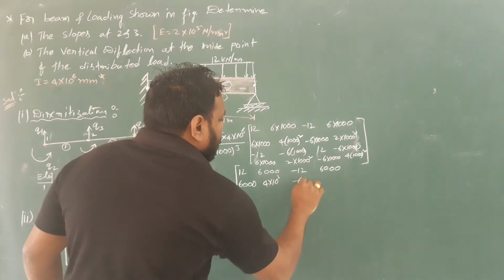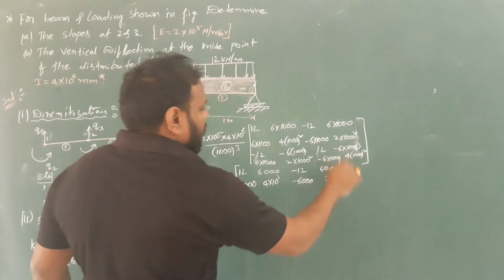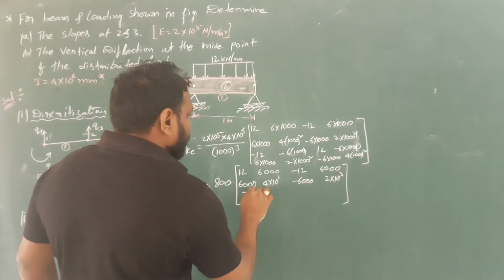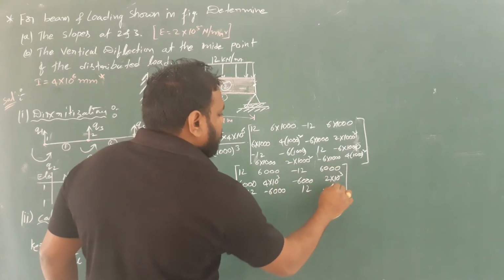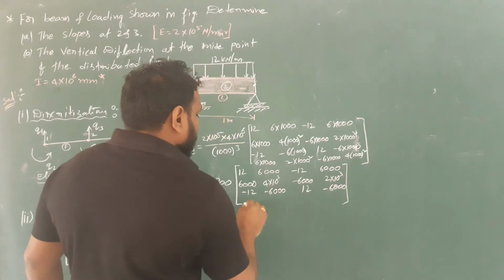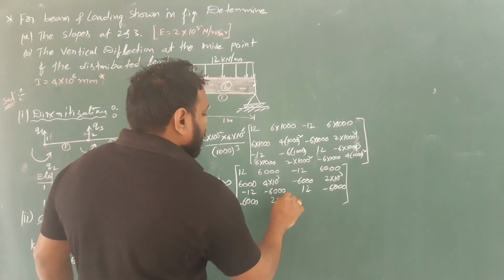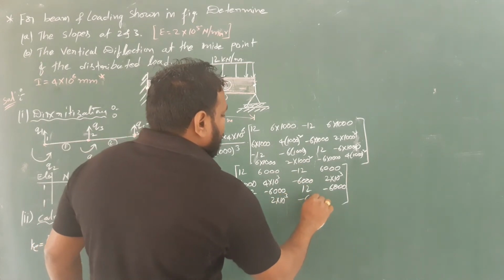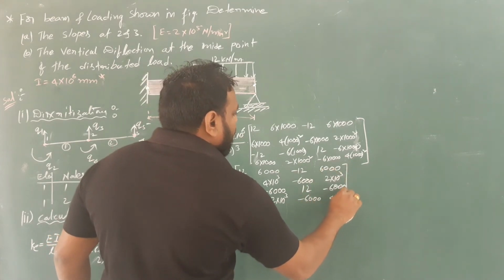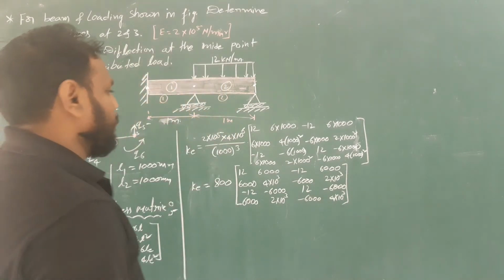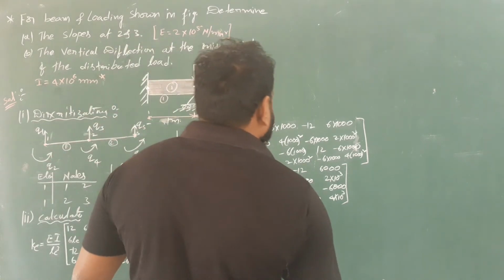Here also minus 6000, and 2 into 10 to the power of 3. Next minus 12, minus 6000, 12. Here minus 6000 and 6000, and 3 into 10 to the power of 3. Here minus 6000, and here 4 into 10 to the power of 3.